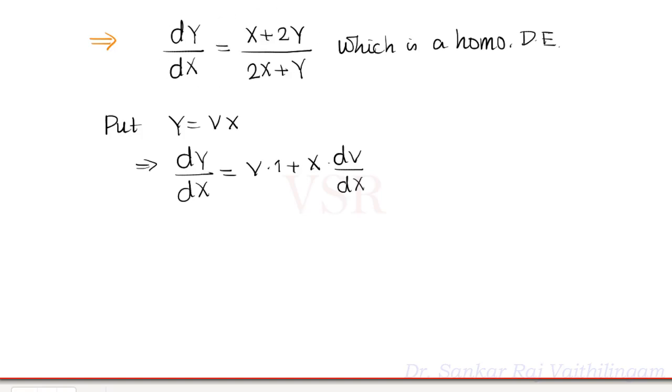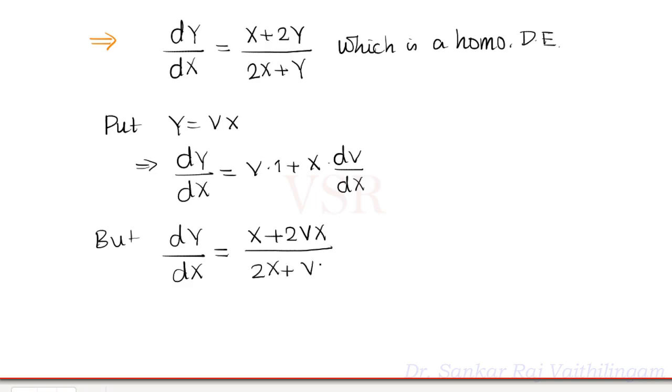But d capital Y divided by d capital X equals X plus 2 times y க்கு பதிலா Vx, divided by 2x plus Vx. Okay, so this implies x எல்லாம் cancel பண்ணிடலாமா? அப்போ we will have 1 plus 2v divided by 2 plus v. அப்போ இதை கொண்டு வந்து இதில் சப்ஸ்டிட்யூட் பண்ணிடலாம்.